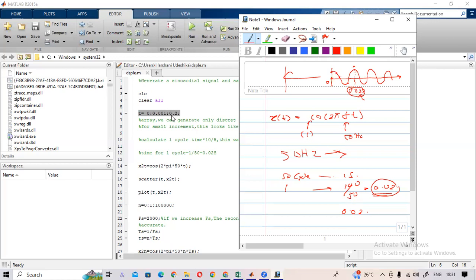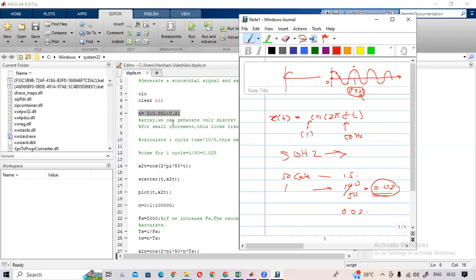And when you are selecting the final value, if you select a higher value, our screen has a limit, so several cycles will be drawn on that screen and we couldn't see the cycles very clearly.